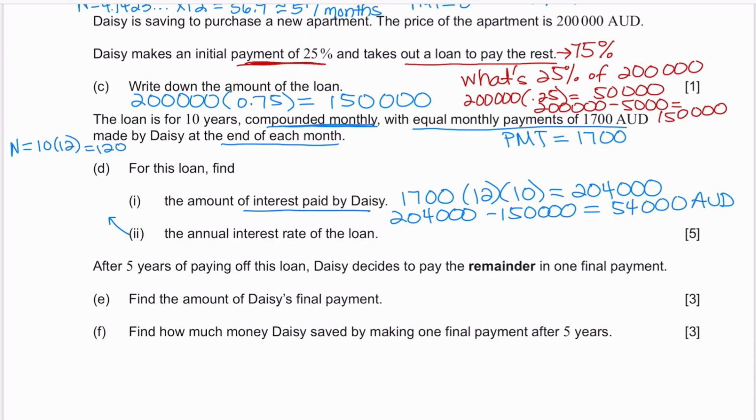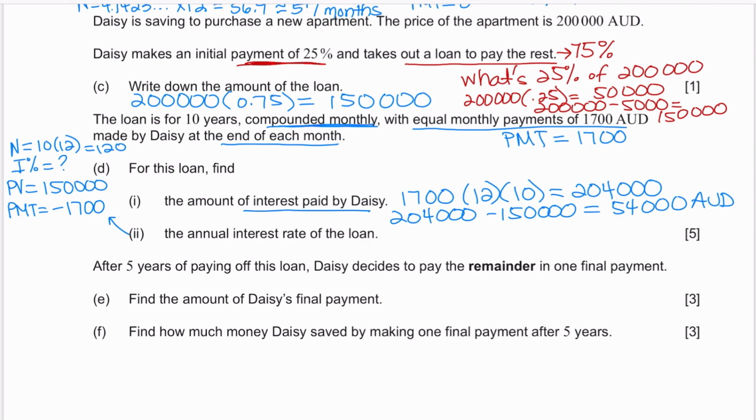And you can enter it in your calculator as 10 times 12 or just as 120. The interest rate is exactly what they're asking me to find. The present value, the amount of money that we have borrowed, is $150,000. Your PMT is the amount of money that you pay every single month, which is negative $1,700.